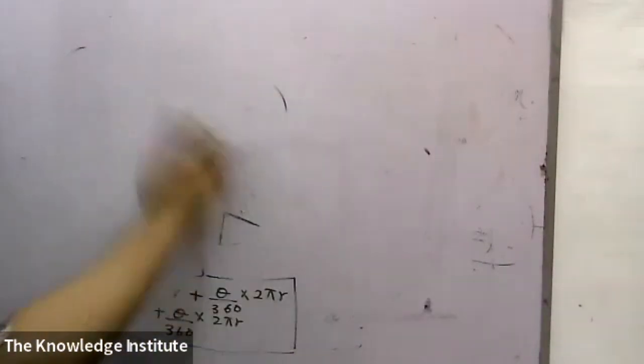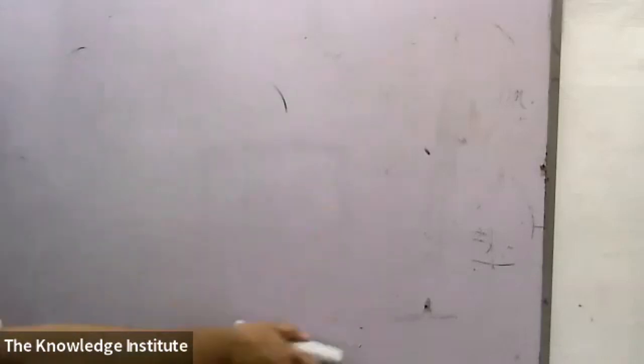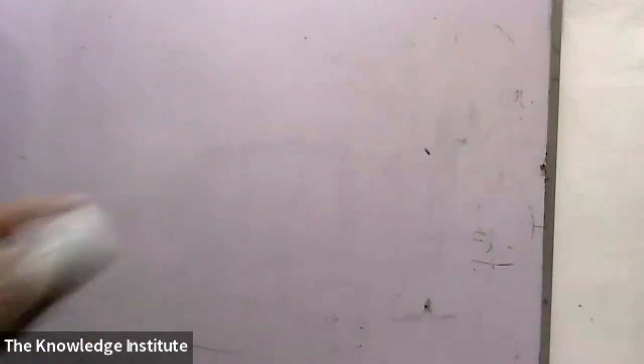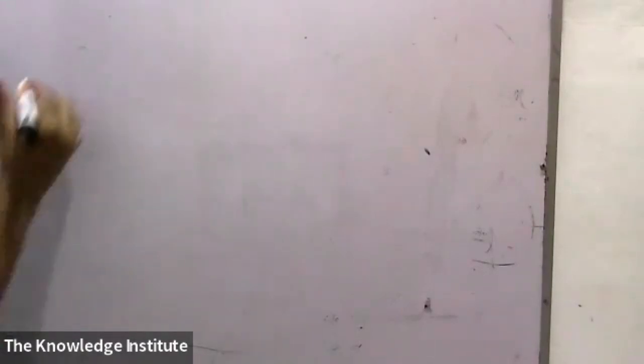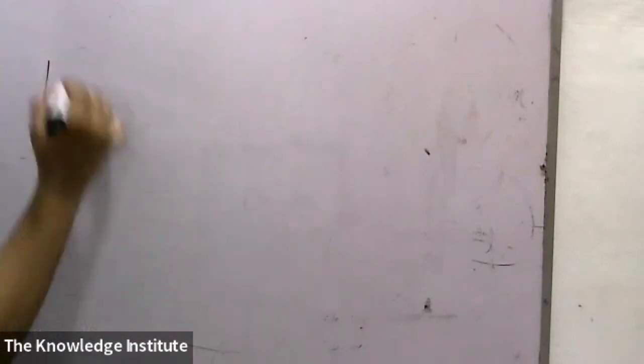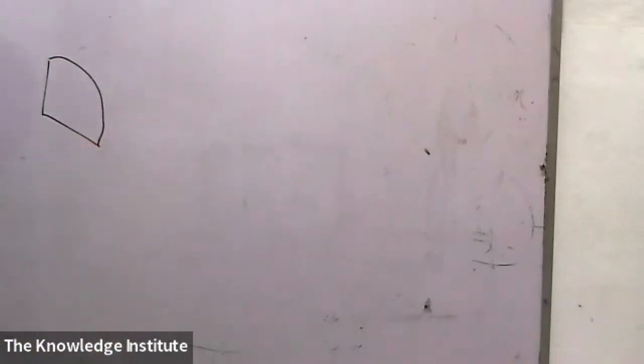Then let's do a basic sum and then again we can move into the possibilities of how they can ask a question. So now let's say they have given us a question to find the perimeter of a sector. These types of very basic questions they can ask you in the first 25 questions.